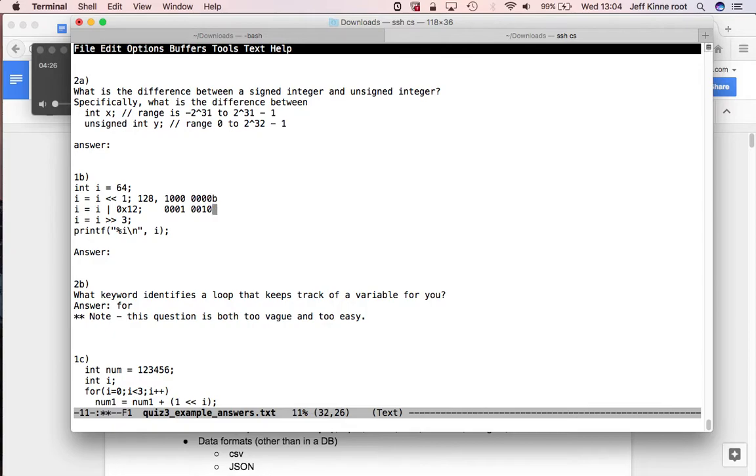If we OR those together, then we have 1 0 0 1 0 0 1 0. Now we're going to shift right by 3, so that chops off these bits. So we'd have 1 0 0 1 0 in binary, which is, I think, 18.